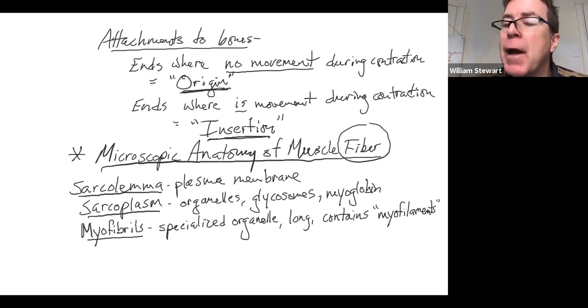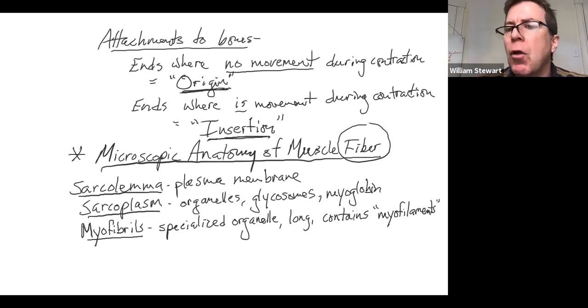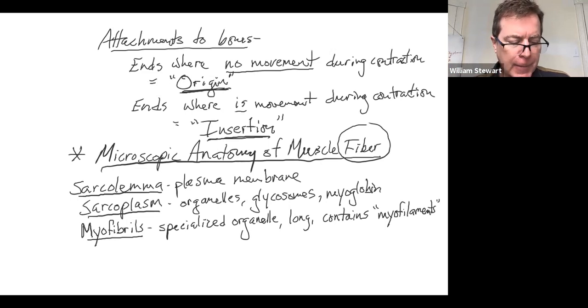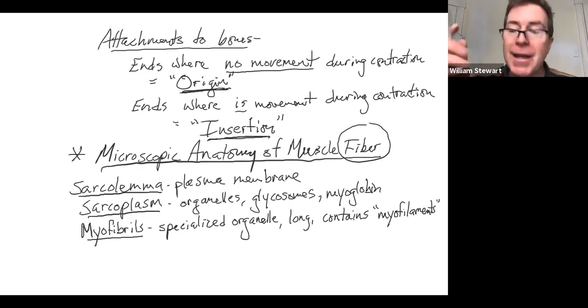I'll define myofilaments in a moment, but they're just long tubes, basically. We call them specialized organelles, but they're long tubes that contain myofilaments. Each myofibril can contain hundreds to thousands of myofilaments. They take up most of the inside volume of a muscle fiber cell, these myofibrils.